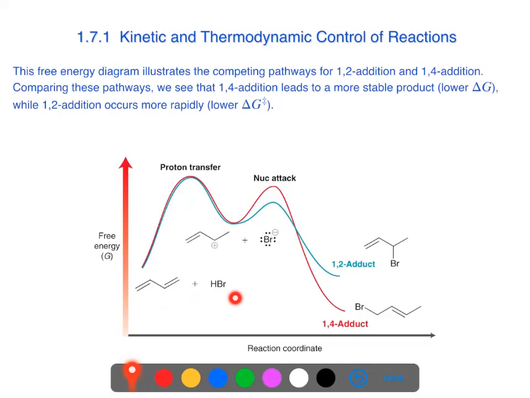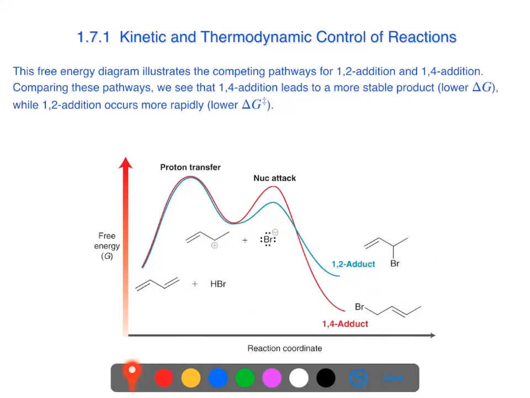So if you have a reaction where there are competing pathways, as in this example where we can form two different final products, and we're certain that the pathways are irreversible, then we would expect that the product distribution would not change during the course of the reaction.